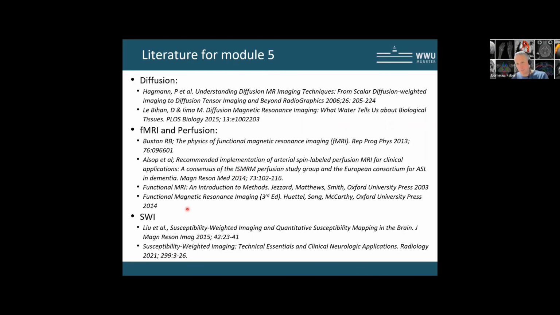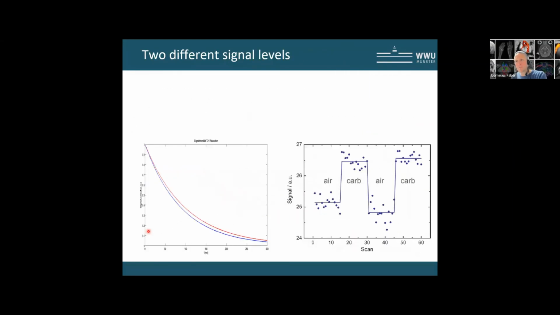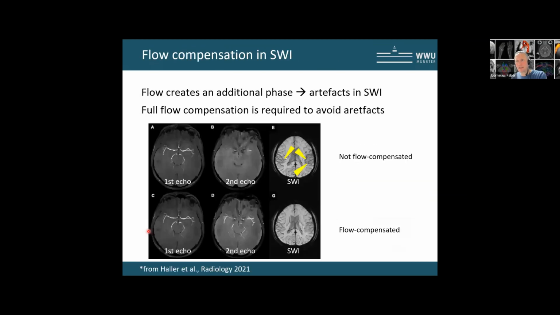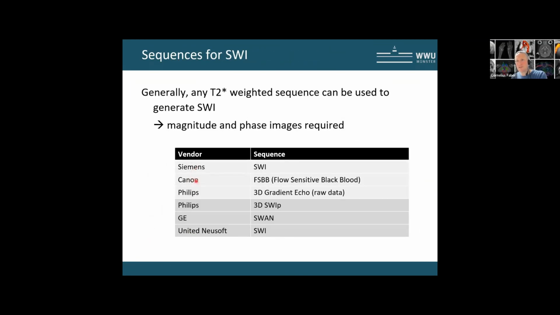So they are basically clockwise and counterclockwise phases. If we go back to the SWI slide, here: Siemens, Canon, and also the Philips raw data, I think, are clockwise, and GE and Neusoft are counterclockwise, and the Philips SWI protocol has this correction into the counterclockwise. So that's basically how the basic electronics is adjusted by the vendor.